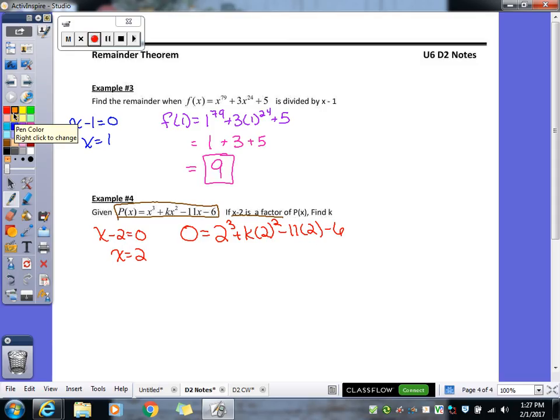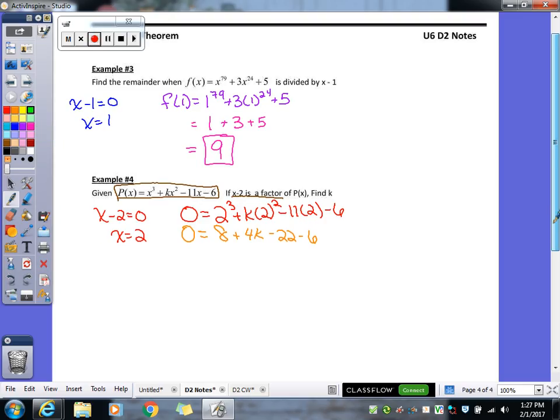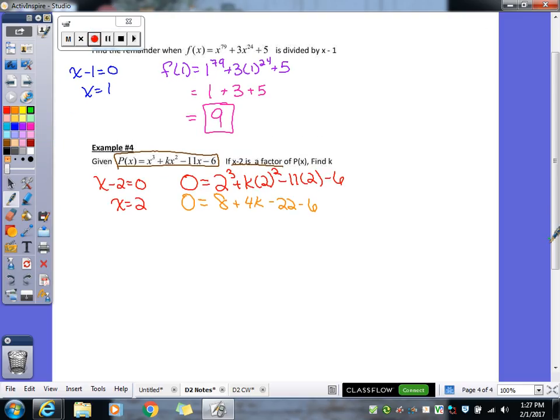Now the only thing left is our k, so we can easily solve for k now. 2 cubed gives us 8. 2 squared gives us 4k. 22, and then minus 6. So 8 minus 22 minus 6, what does that give us?